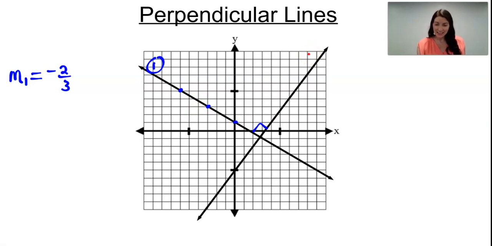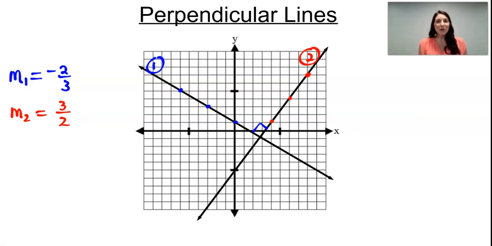Let's take a look at line 2's slope. If I go from this point to this point, the slope between those 2 points, I would rise 3 and run 2. So the slope of line 2 is +3/2.